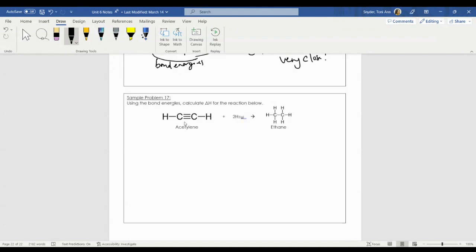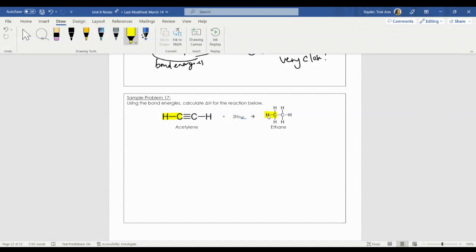So for sample problem 17, we actually don't have to worry about some of these bonds because we'll notice that some bonds actually aren't broken in this case. And we can tell because I have a carbon-hydrogen single bond here, and I also have that same carbon-hydrogen single bond there.